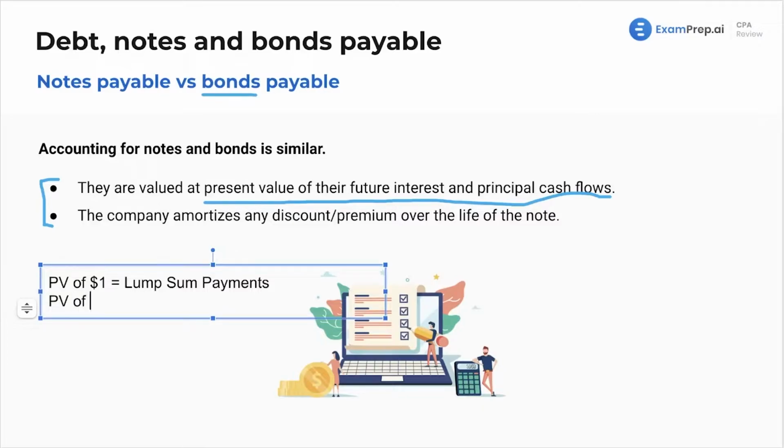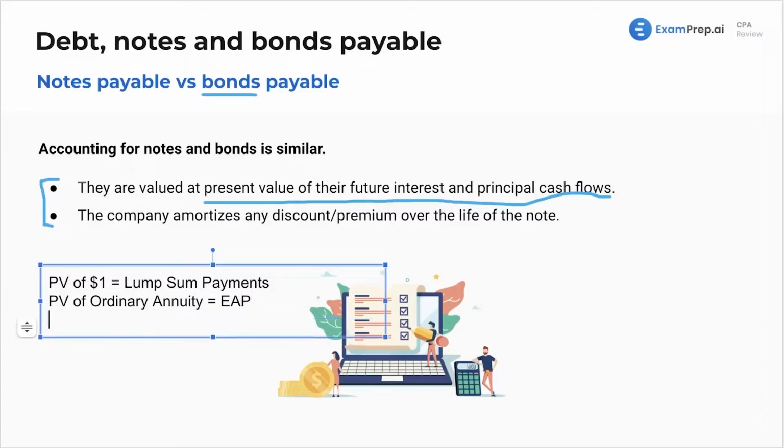If you see present value of ordinary annuity, then that's going to be equal annual payments. If you see present value of annuity due, that as well is going to be equal annual payments, except that's going to be at the beginning of the year. What does all this mean? I will explain it. Just want you to memorize this. So that's the end of year.